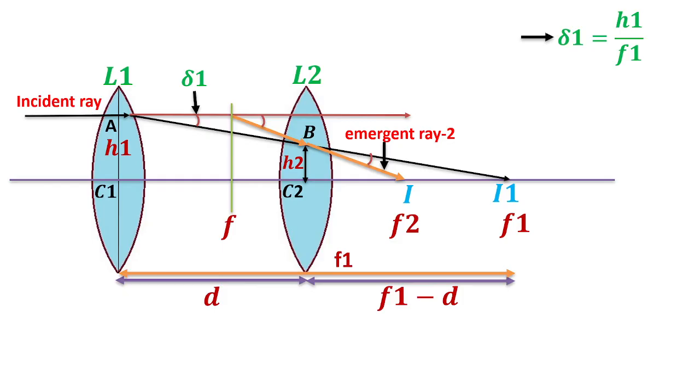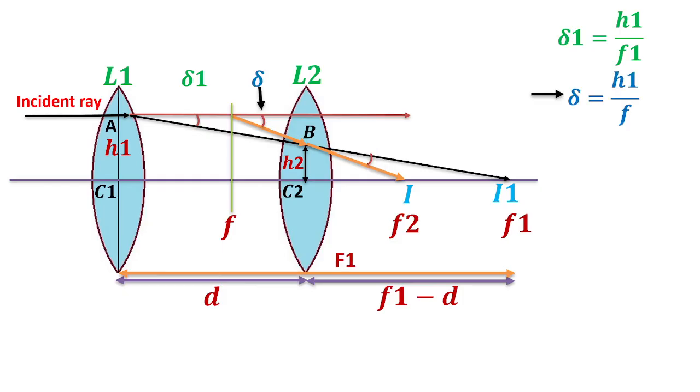Now, when we are considering delta 2, that is the deviation produced by the second lens L2, which comes into the path of emergent ray 1 and forms emergent ray 2, this emergent ray 2 makes a certain angle, that is delta 2.